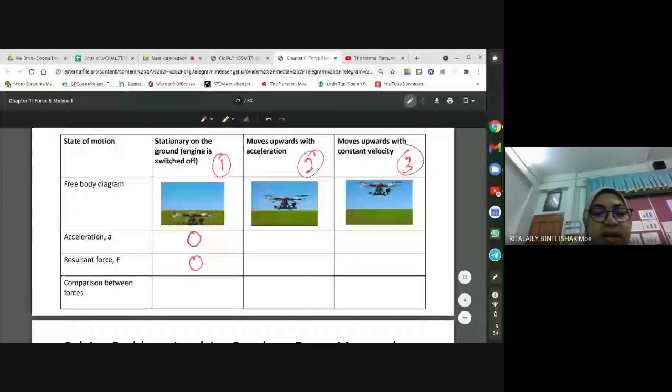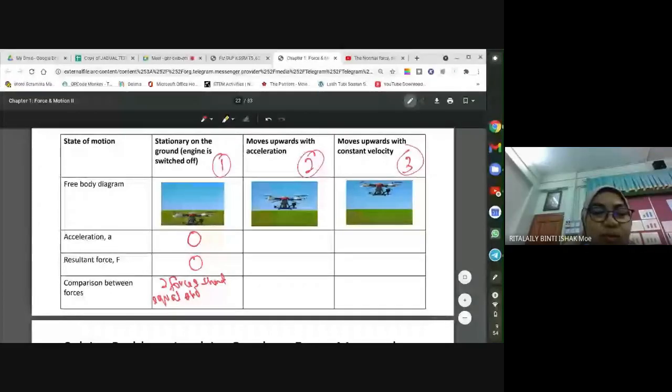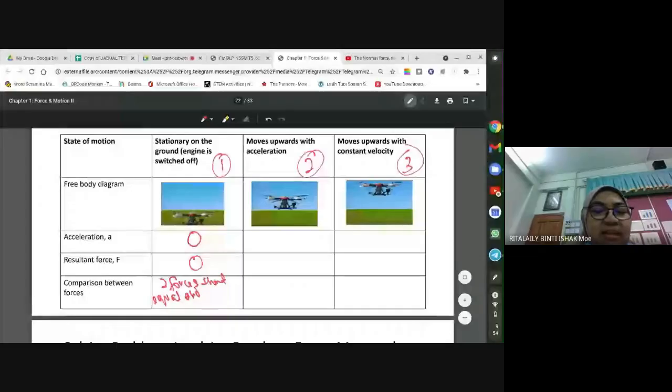Okay, so comparison between forces, we have two forces that are equal and, please add, two forces that are equal and can someone continue? Archana? How do we get resultant force 0?